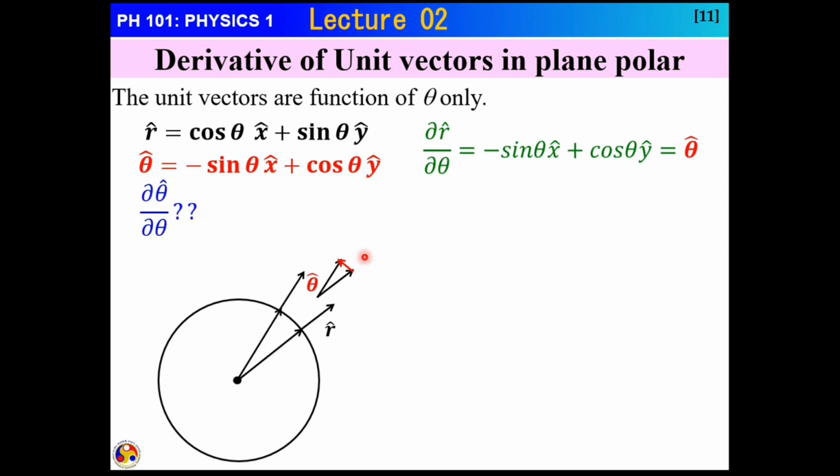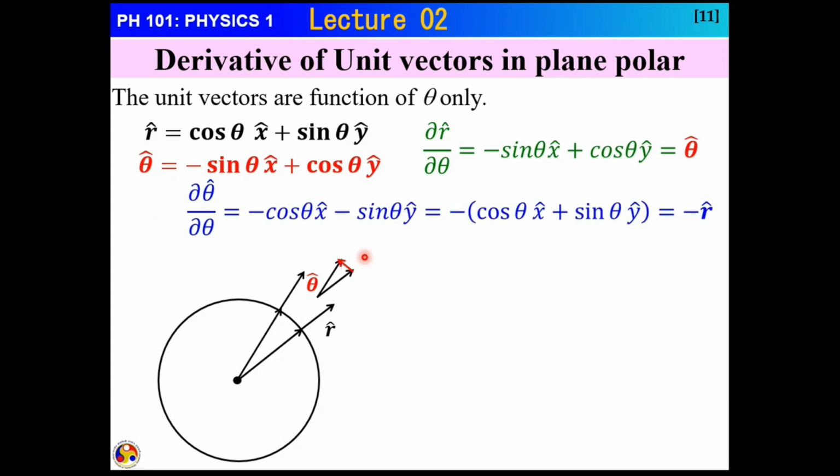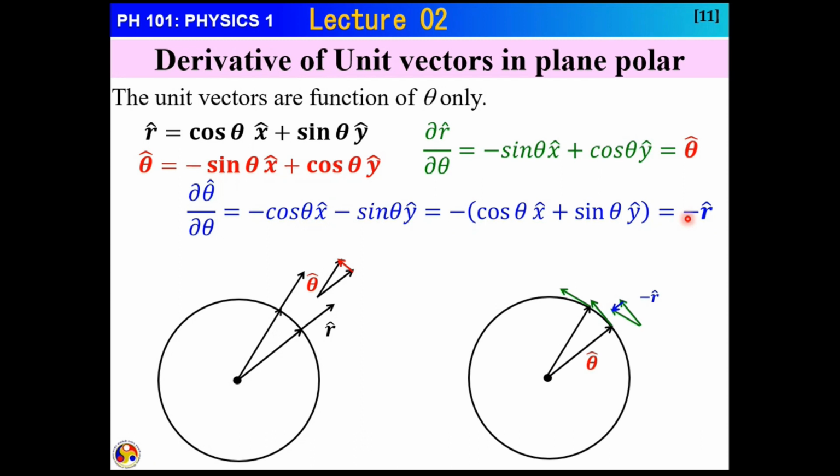What about the partial differentiation of the theta unit vector with respect to theta? That means, what is the rate of change of the theta unit vector with respect to theta? Well, mathematically, immediately you will be able to get this answer, and that is along the minus r direction. So here if you do it, you get minus r cap. Pictorially also you will be able to see this.